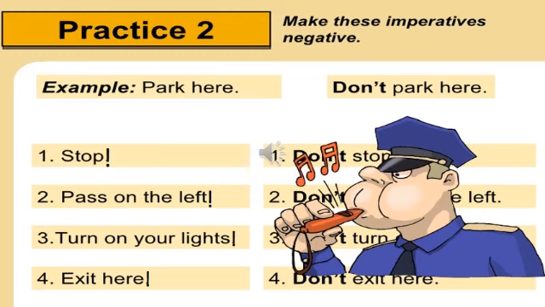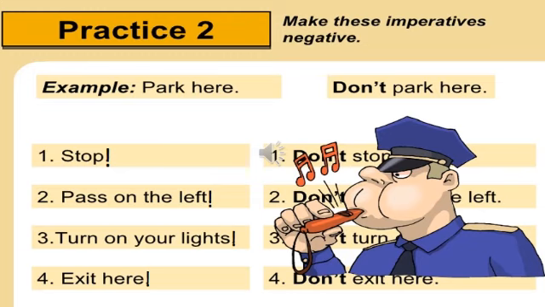As I told you before, we use the imperative form to talk about instructions. We talked about the instructions in the classroom, and now let's take the instructions of the street. What can you see here?